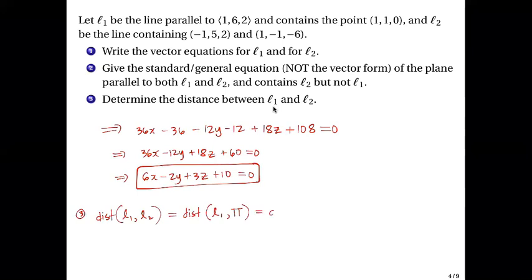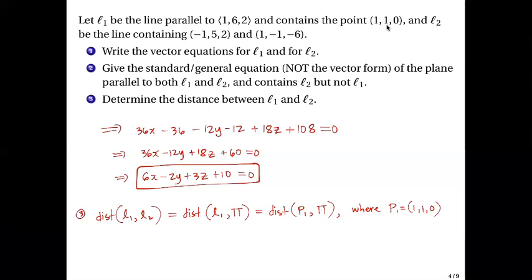But this is just the distance between the point in L1 and pi. So here, P1 will be the given point from L1, where P1 is that point 1, 1, 0.